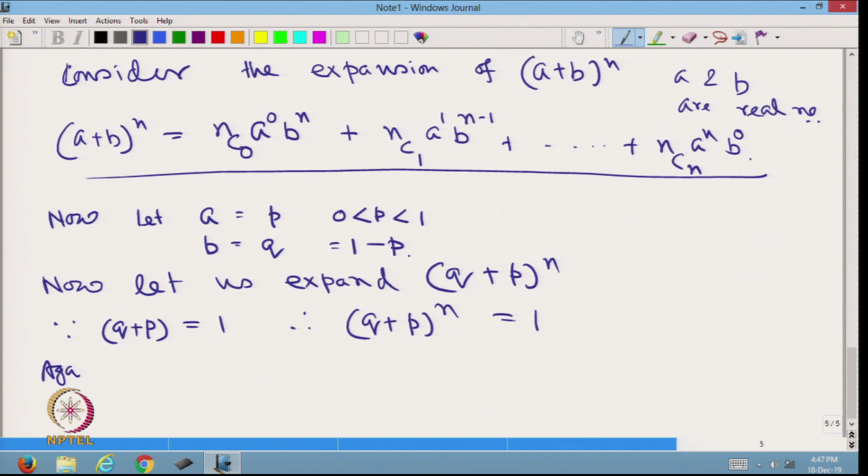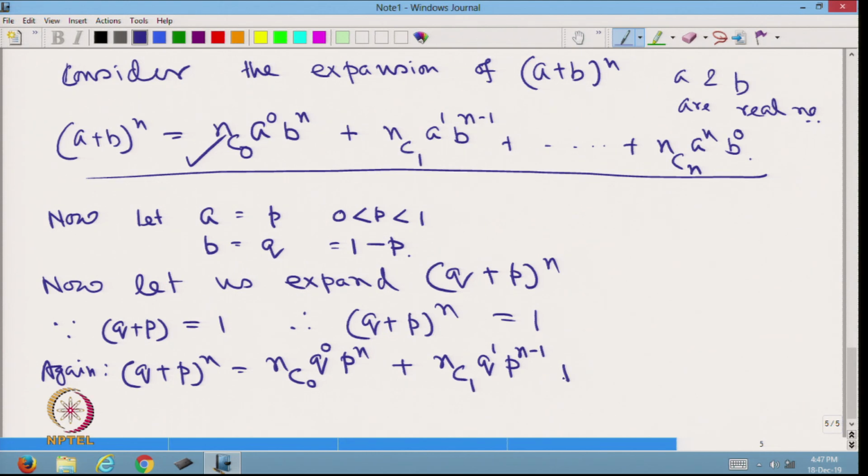Again, by using this formula, (q plus p) to the power n is equal to n c 0 q to the power 0 p to the power n plus n c 1 q to the power 1 p to the power n minus 1 plus up to n c n q to the power n p to the power 0.